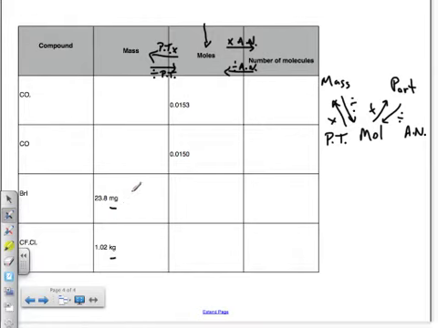So why don't you stop and try this. Put the whole table, fill it out, and then come back. All right. I'm going to start by putting the molar masses for these compounds over here next to them because I know I'm going to need them. Now some of these I have memorized because I've done some of them so many times.